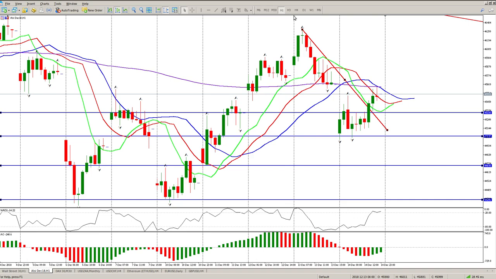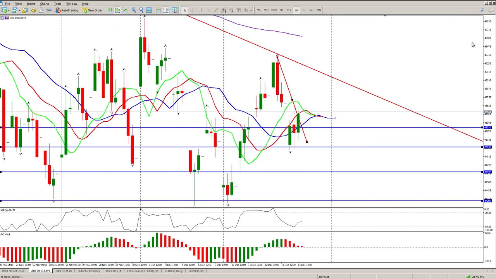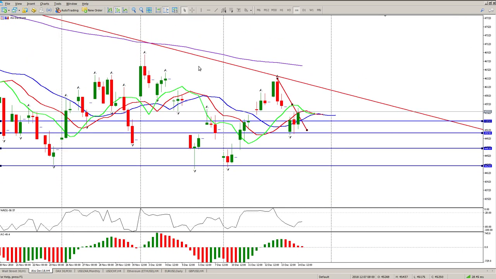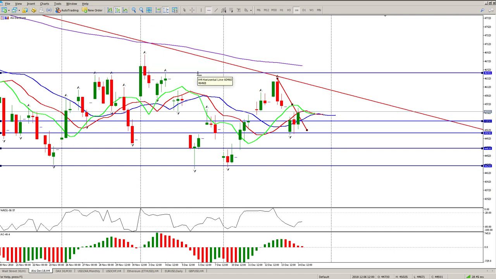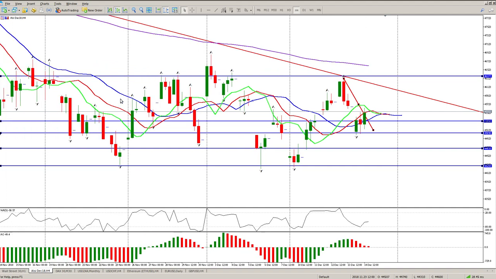And I think the last thing that we want to do at the moment is this could also be seen as a range. So I've got a triangle drawn in, but it could also be seen as a massive range. There's the top of the range, which is the previous high, which is 46,377, and then the bottom of the range all the way down here at 44,290.